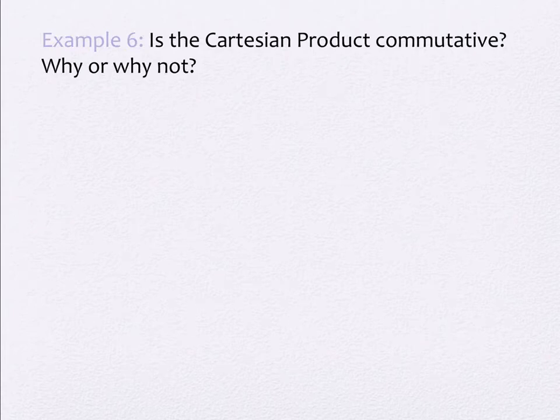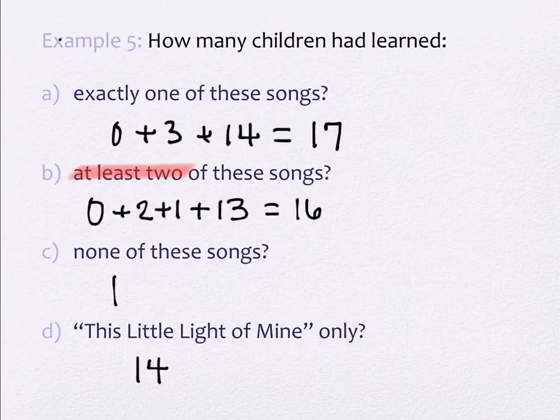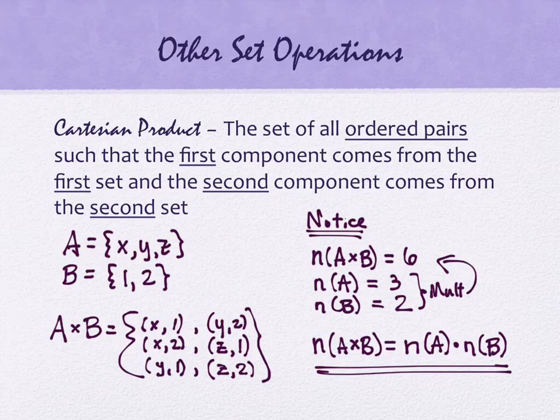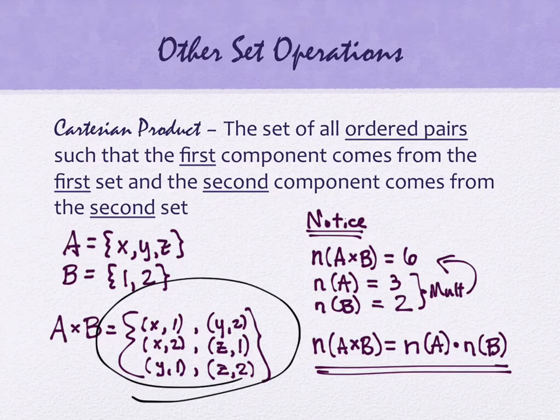So in particular, what this is asking is, in fact, I'll flip back to my Cartesian product over here that I did last time. Is this arrangement the same as if I switched the order around? If I made this 1x, 2x, 1y, 2y, 1z, 2z, is it the same as the original one that I had?